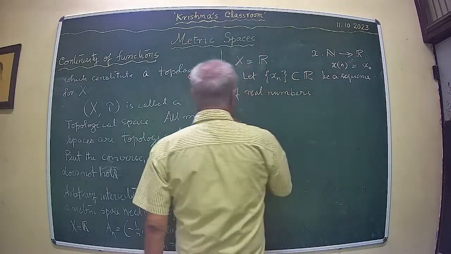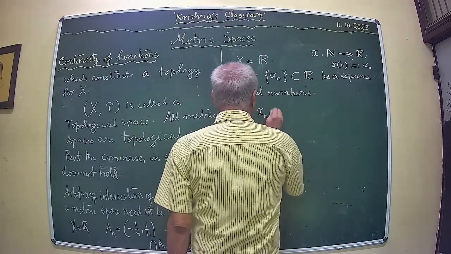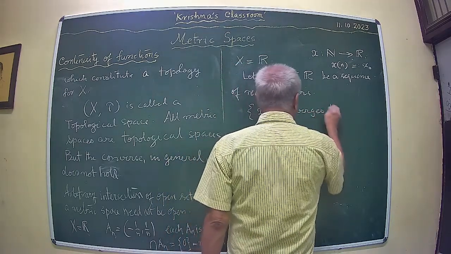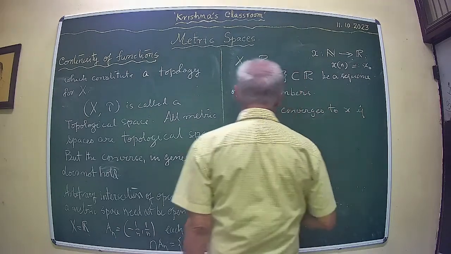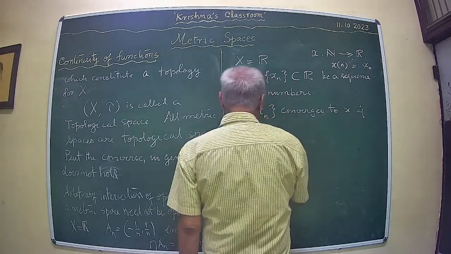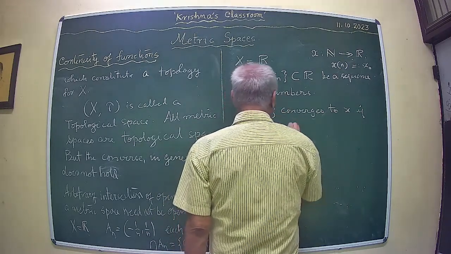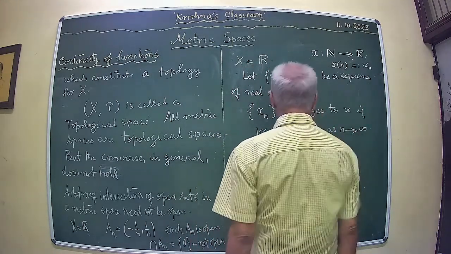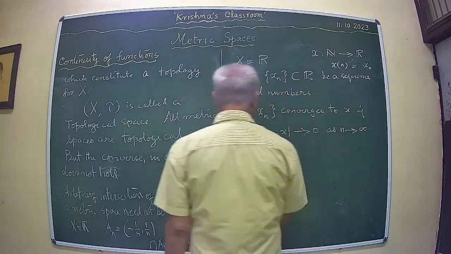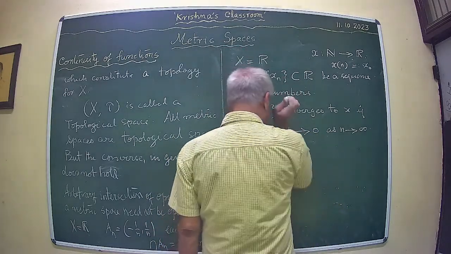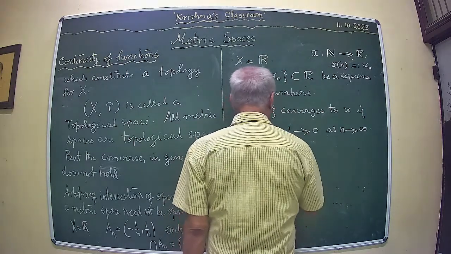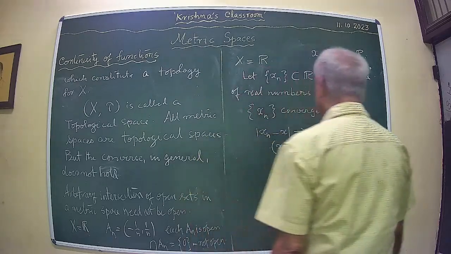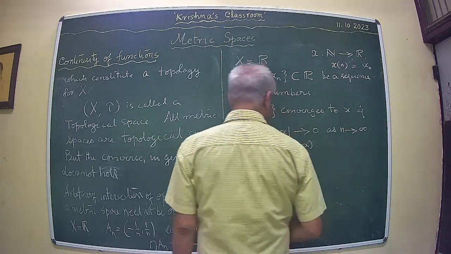Now, you recall that we say that x_n converges to x if the modulus of x_n minus x goes to 0 as n tends to infinity, and this we designate by saying that x_n converges to x.